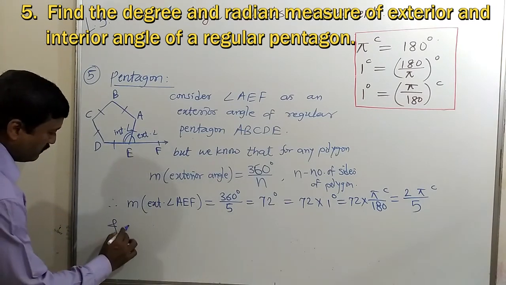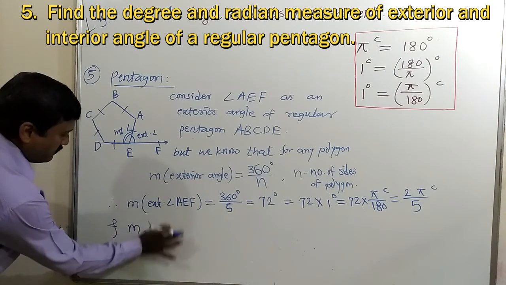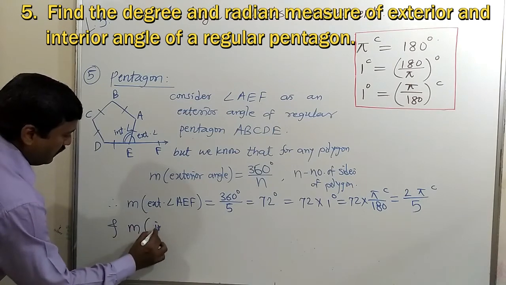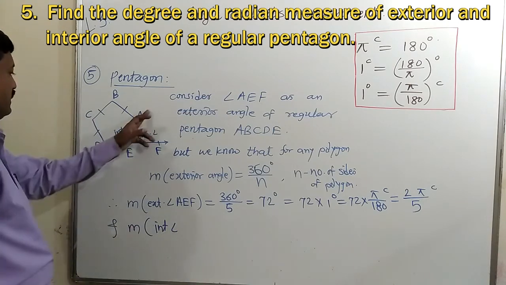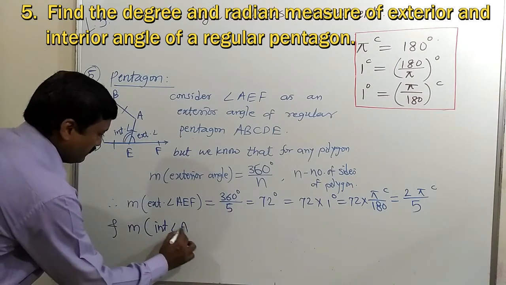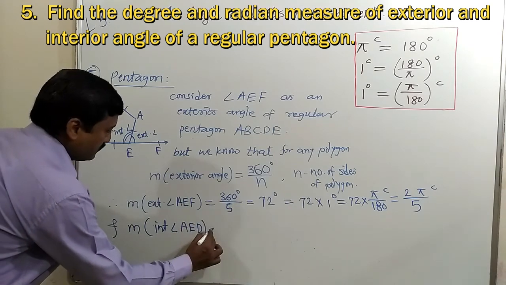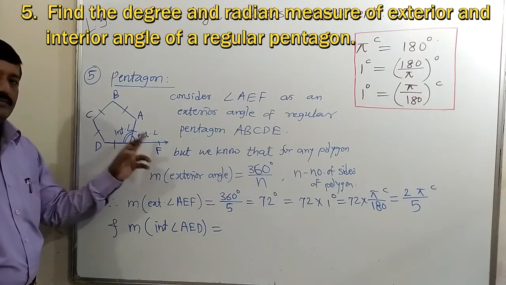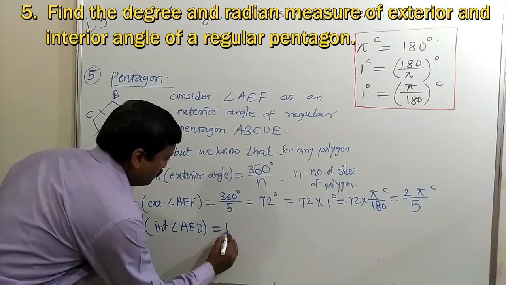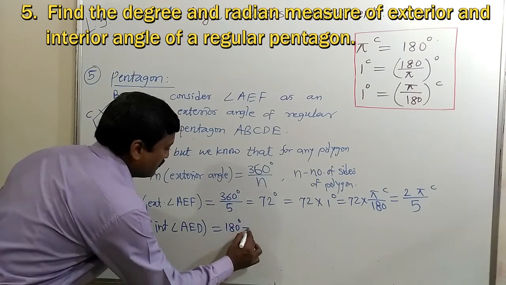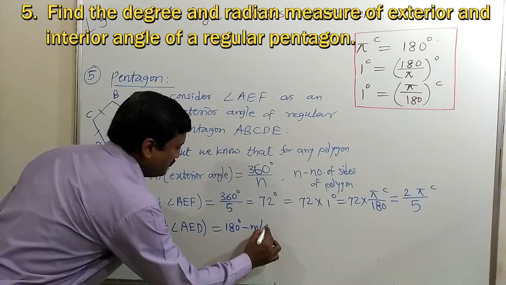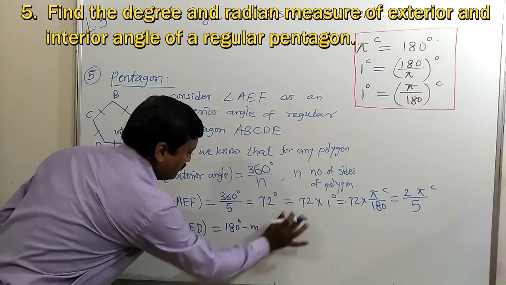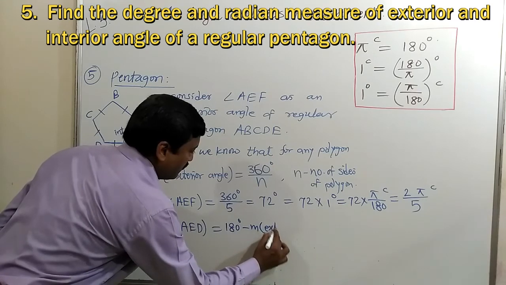And measure of internal angle, which one is AED, is equal to, obviously interior angle is supplementary with exterior angle, so it is equal to 180 degree minus measure of exterior angle.